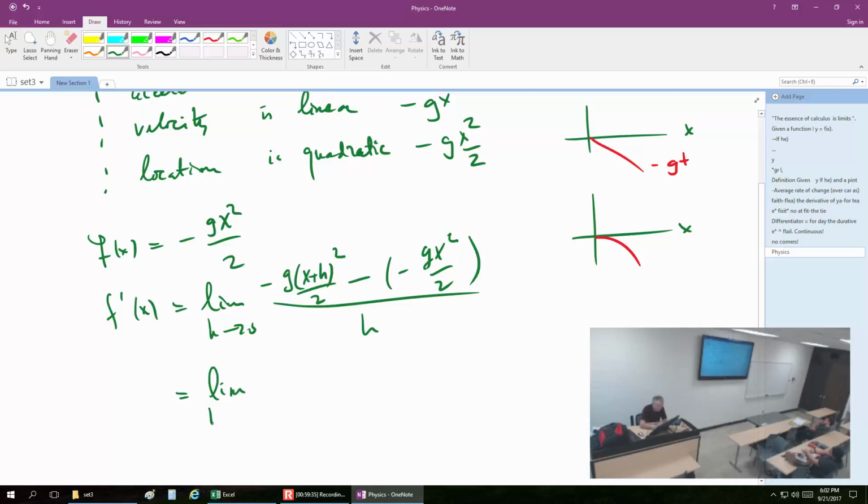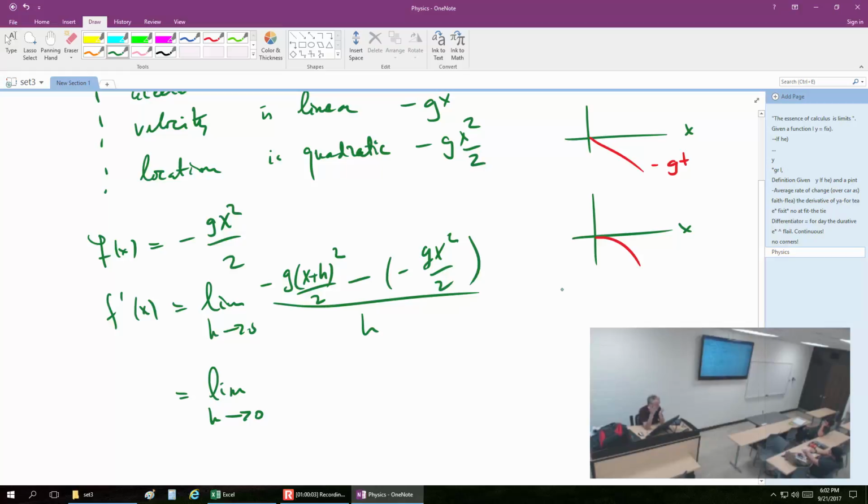What happens next? I have to do something with the numerator. You know that h is going to 0, so then I have 0 over 0 again, right? Every time you try to plug in h equals 0, you will have an indeterminate expression 0 over 0.